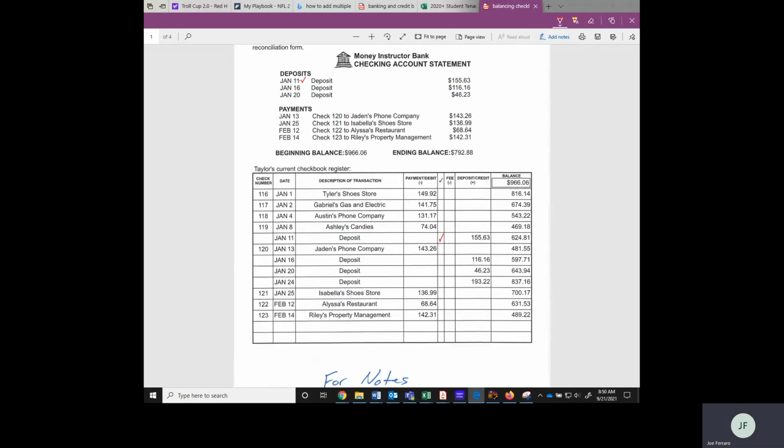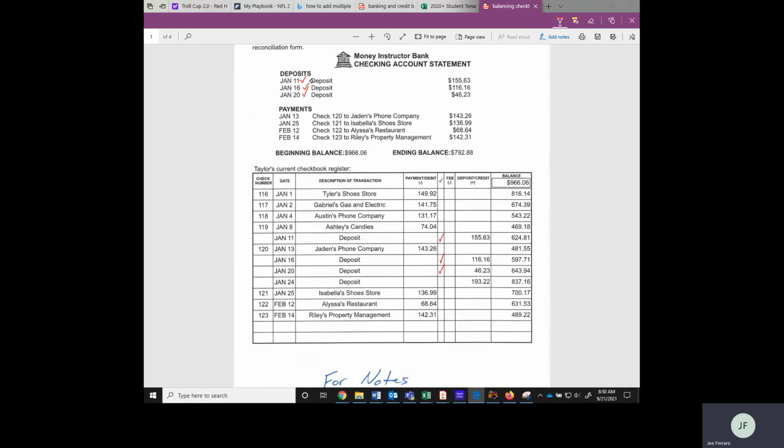You don't necessarily have to check on your bank statement, but I check on both to make sure. Then it says January 16th deposit for $116.16. It's here. It's here. January 20th deposit, $46.23. It's here. It's here.